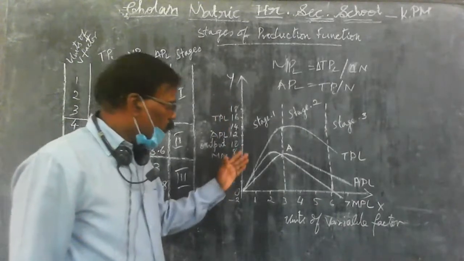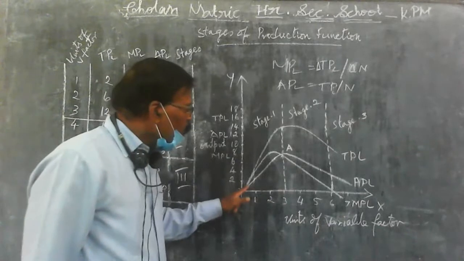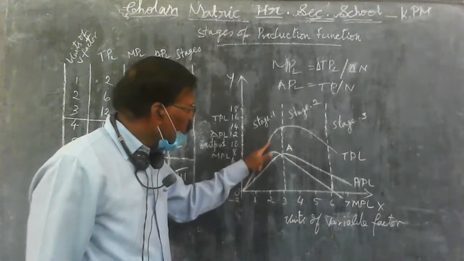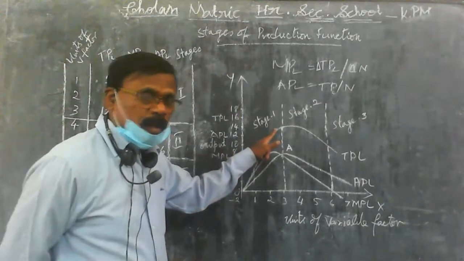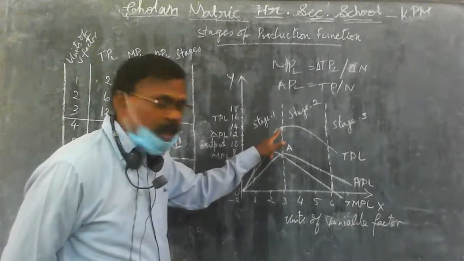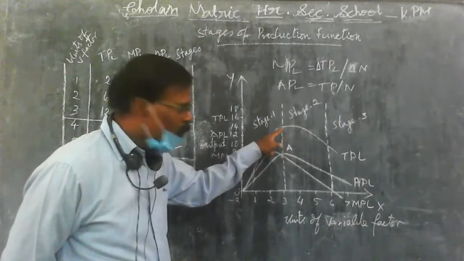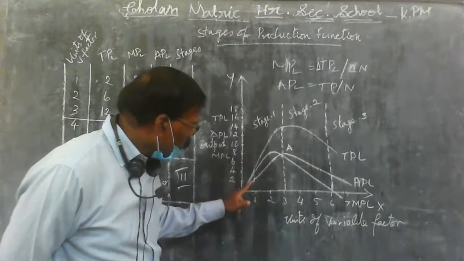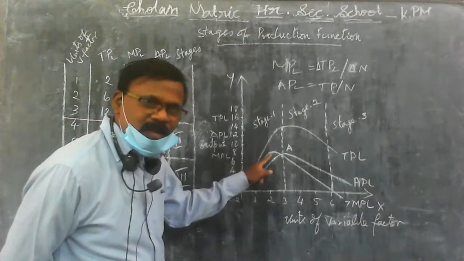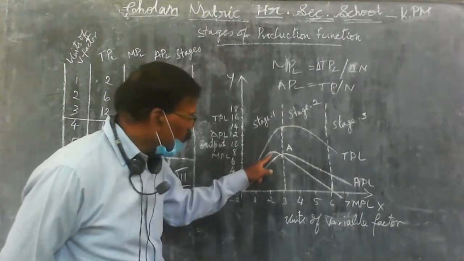Now, in the first stage, the total product increases at an increasing rate. Then the marginal product increases.